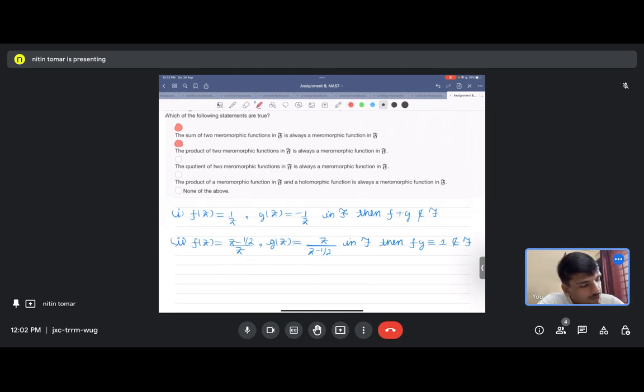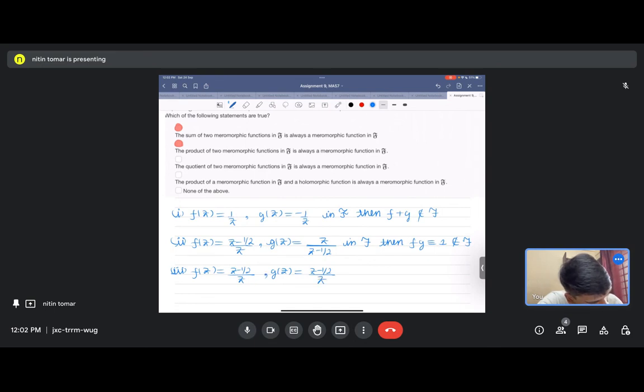Now what about the next question? I think it is going to be false also. Same thing you can do. You take f(z) to be (z minus half) by z and g(z) to be (z minus half) by z.